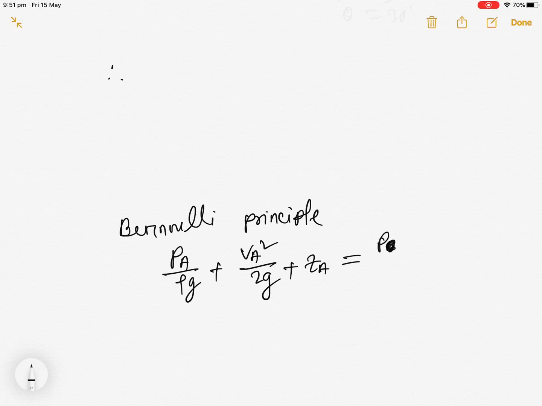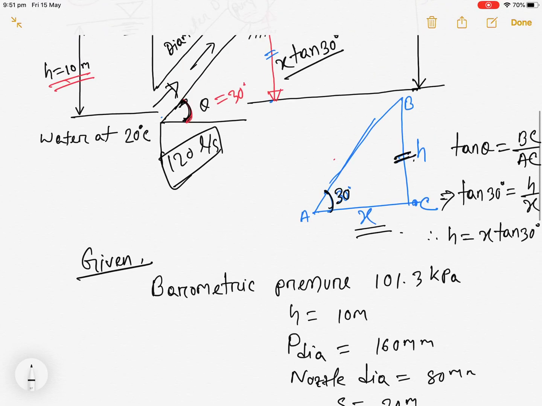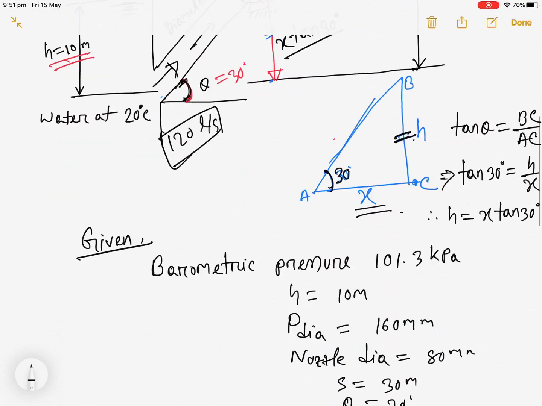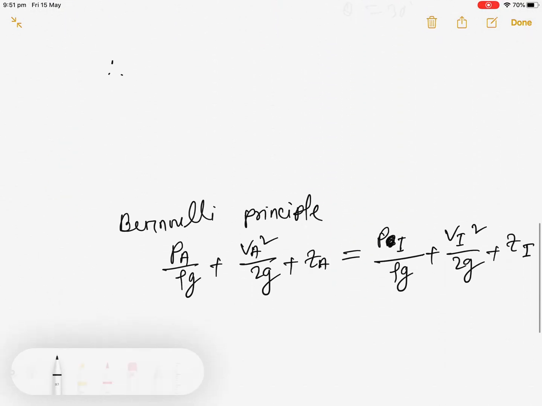This is equal to section I. So PI over rho g, plus VI squared over 2g, plus ZI. We define the pump as I. So that means we actually need this velocity.